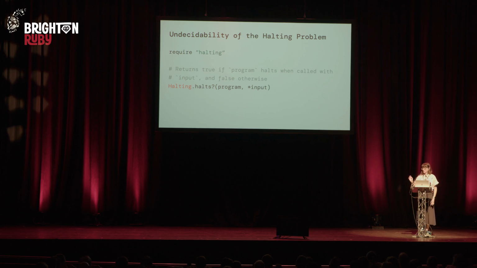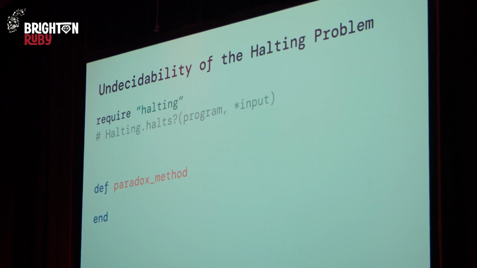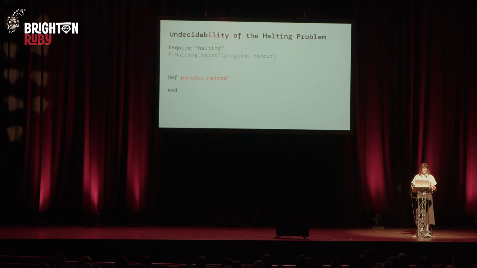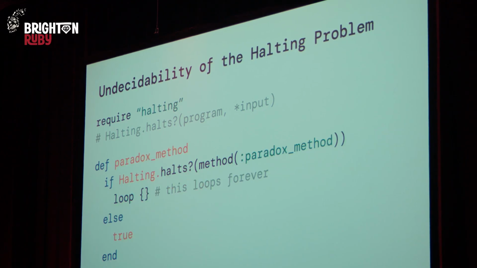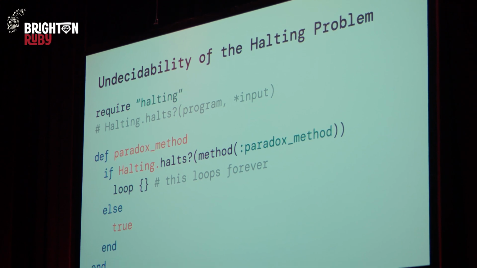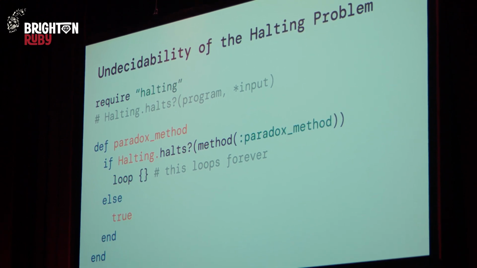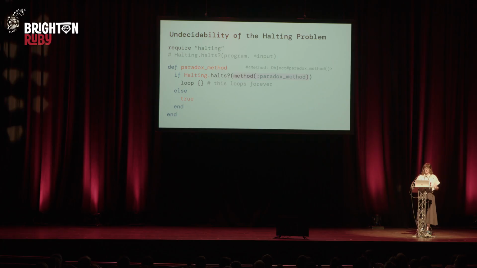To simplify, we are going to assume that the Ruby program is given just as a method, because we can always put everything together in a method in Ruby and just use it as the program. Okay, so if this gem exists, we can use it in another Ruby program that we are going to write. This Ruby program is going to have a method called paradox method. In this method, we are going to use our halts method with our new paradox method.